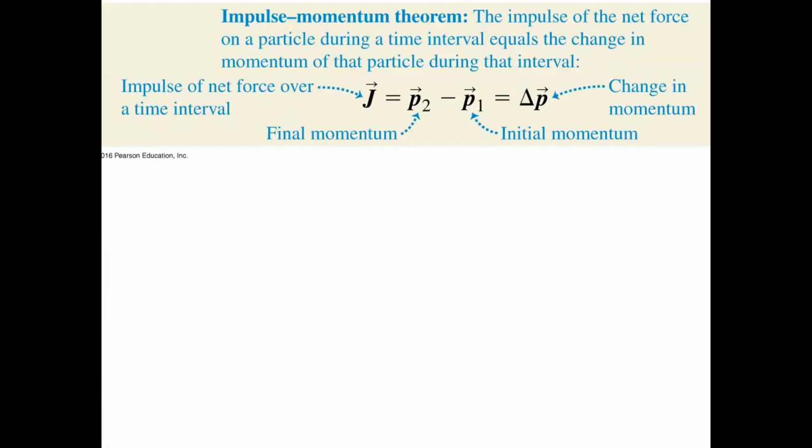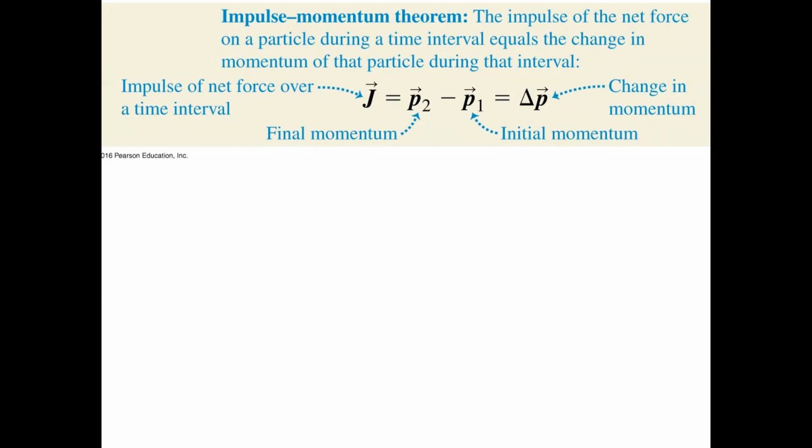Like the work-energy theorem for kinetic energy, there is an impulse-momentum theorem that connects impulse with change in momentum. On the left hand side, we have J, the impulse of a net force over a time interval.